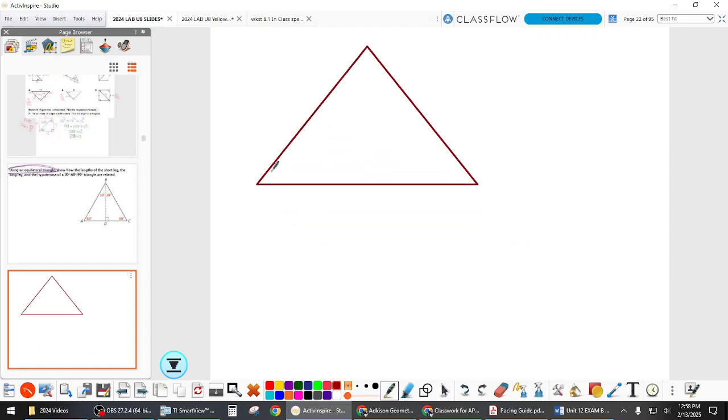Anyway, what are the measures of all three angles if it's an equilateral triangle? Remember they're all equal too, so we also called it an equiangular one. So they're all 60. Okay. Next thing, if we draw an altitude.